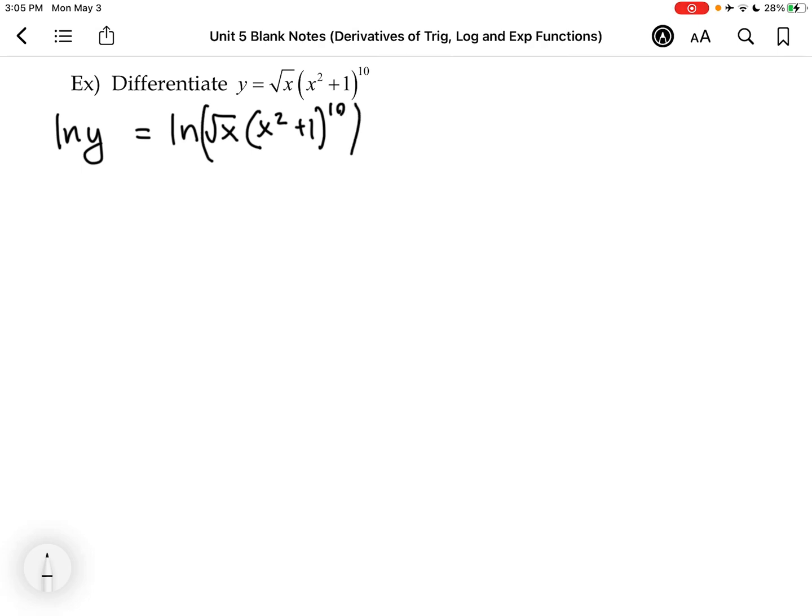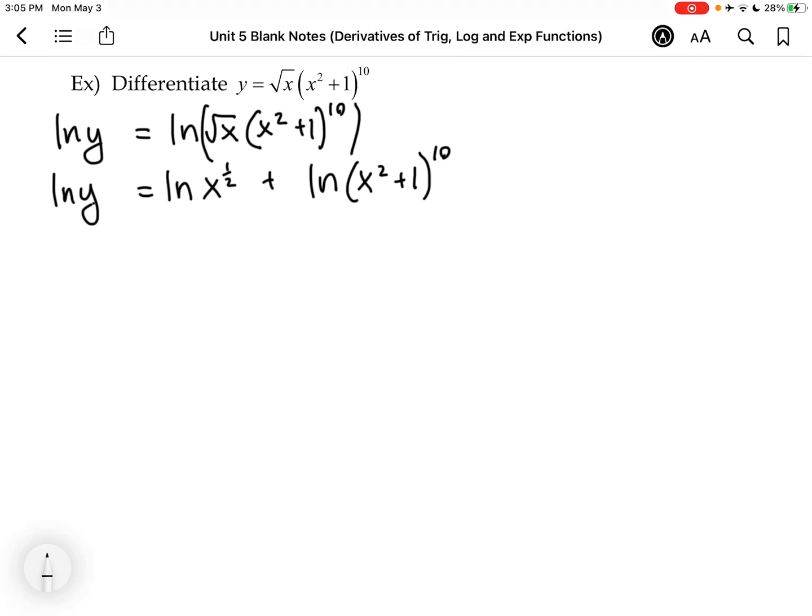And then again on the right, I'm going to break this down into the sum of two logarithms. So ln y equals the ln of, instead of square root of x, I'll write it as x to the 1/2, plus ln of x squared plus 1 to the 10.